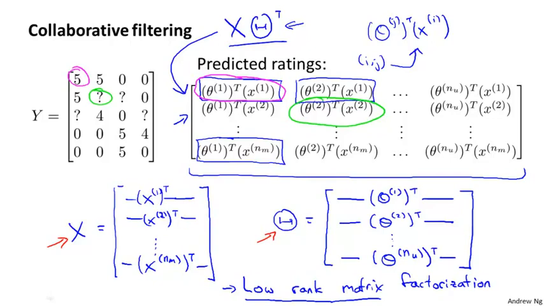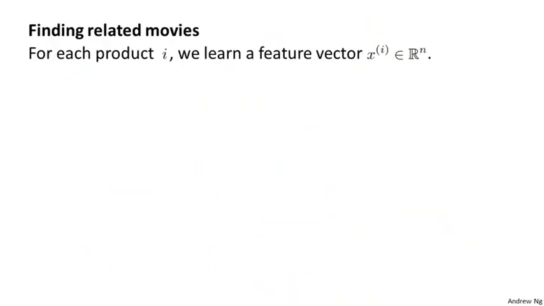Finally, having run the collaborative filtering algorithm, here's something else that you can do, which is use the learned features in order to find related movies. Specifically, for each movie i, we've learned a feature vector xi. When you learn a set of features, you don't really know in advance what the different features are going to be.